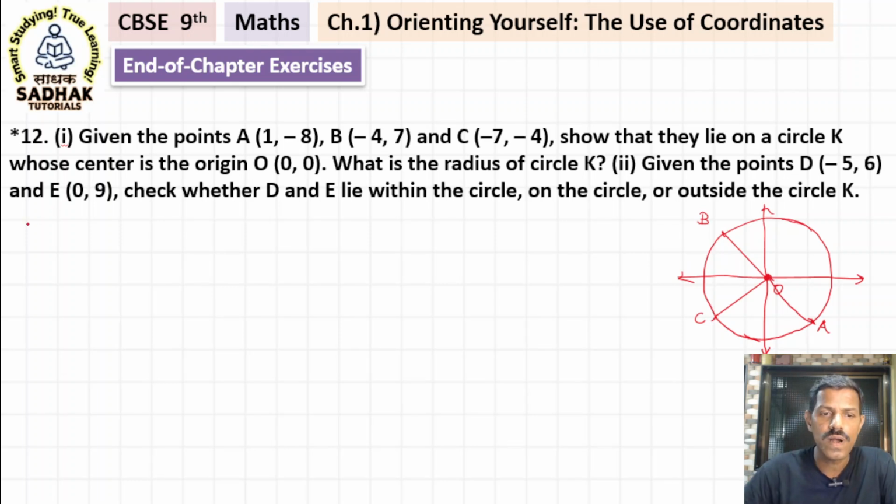What I mean to say is that the length of segment AO will be equal to the length of segment BO, and that will also be equal to the length of segment CO, because all of them are the radius of the circle if these points are indeed on the circle. So once we prove this, we can say that yes, these points lie on the circle.